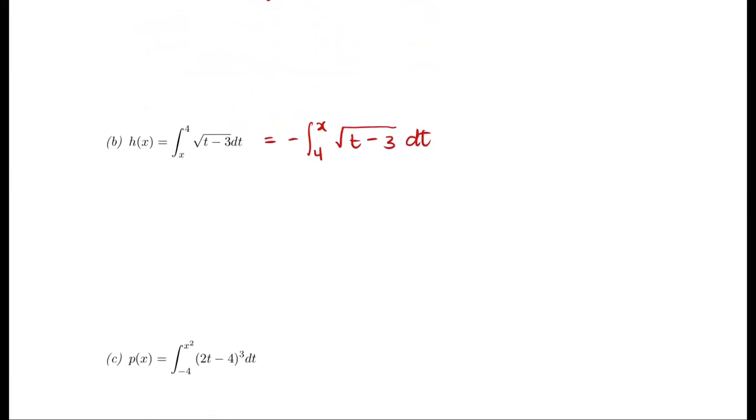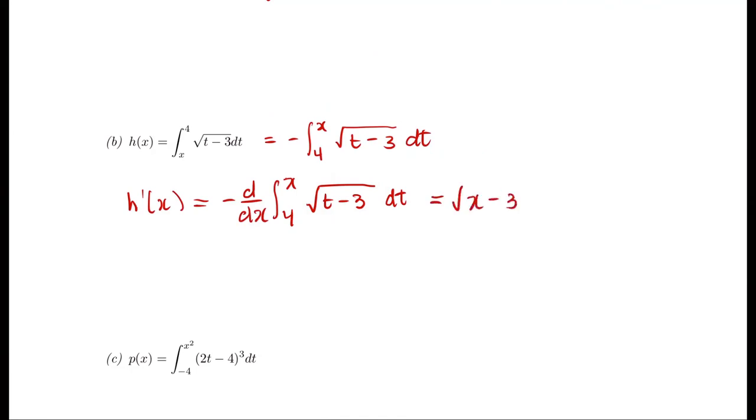Now we take the derivative on both sides, so H prime of x is equal to the derivative of the integral from 4 to x of the square root of t minus 3 dt. Well, this is going to be our f of t, so all we have to do is replace the f of t with f of x instead. And then the integral will also be canceled out. So this would just be equal to the square root of x minus 3.